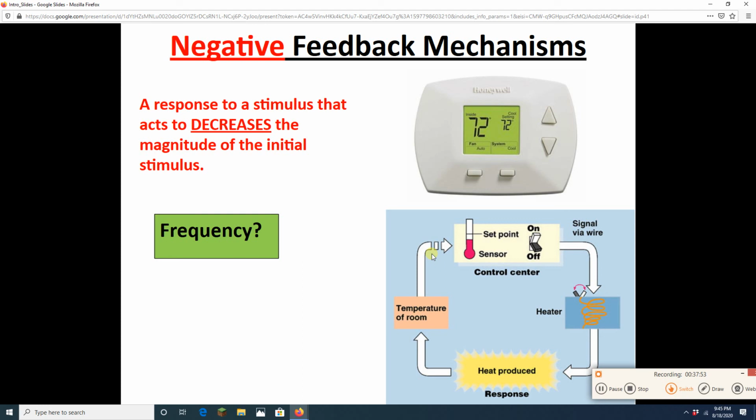If you stand up really quickly, your blood pressure is going to drop up in your neck, in your head. And your body is going to try to fix it, try to bring that blood pressure back up. So blood pressure went down. Our body's response was to bring it back up. That's negative feedback. The response is opposite the initial change.